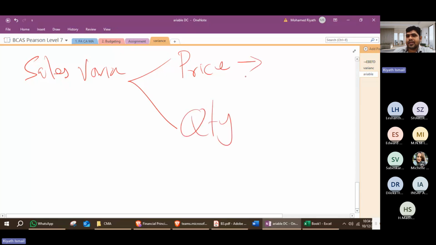For example, the firm budgeted sales of 20,000 rupees, but in the market it goes 90,000 rupees. So this is the variation. This variance is called price variance because of the difference in price. So is this variance adverse or favorable?